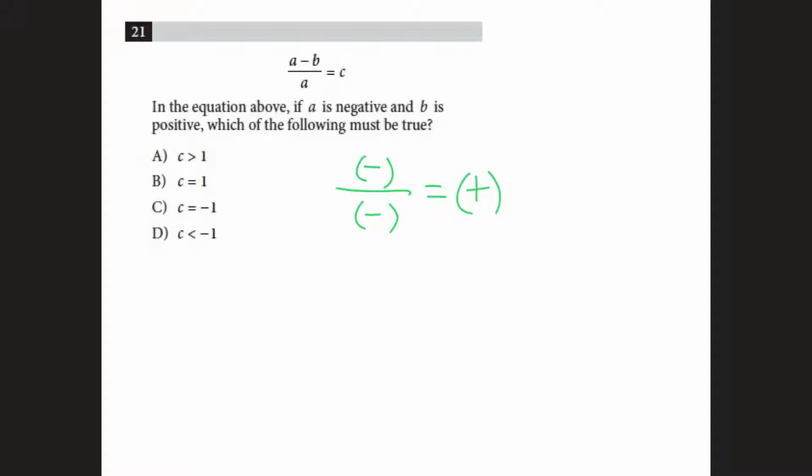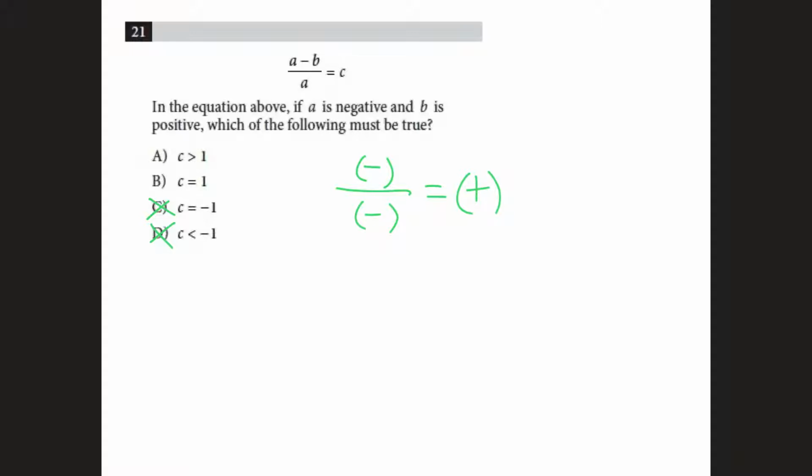So therefore C is going to have to be a positive value. So that means that I can rule out the possibility of C or D because they're both negative.